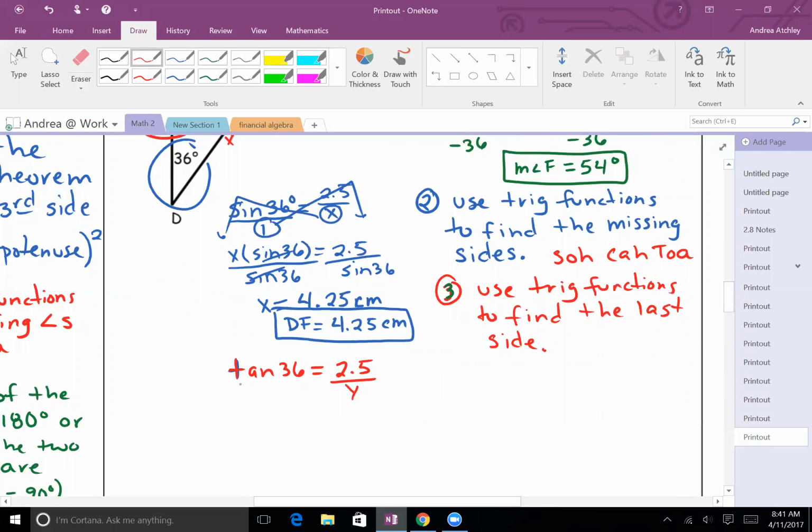Then we're going to cross multiply, and get y times the tangent of 36 equals 2.5. Then divide by the tangent of 36.